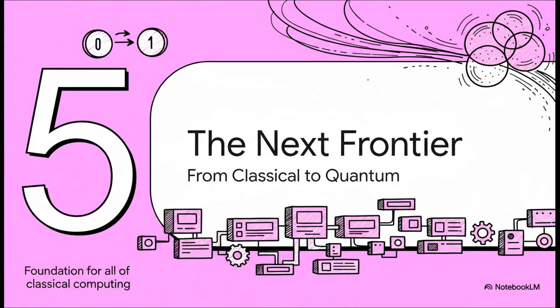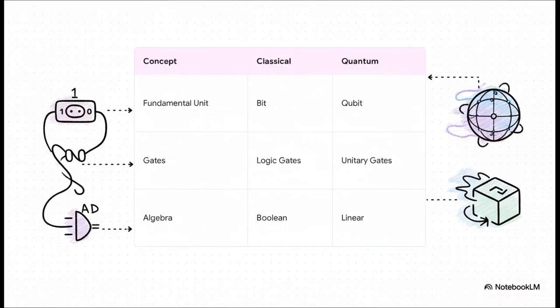So getting a solid handle on this classical bit, this simple choice between 0 or 1, is the key to understanding all of today's technology. But it's also the launchpad for understanding exactly what's coming next. You see, on this next frontier of computing, every classical idea gets a quantum upgrade. And for the bit, the fundamental unit we've been talking about, its counterpart is something called the qubit.